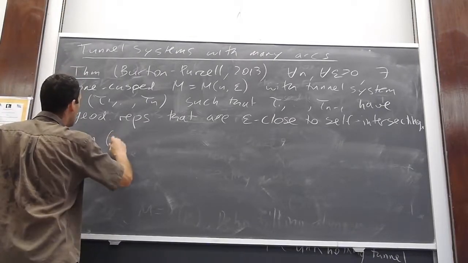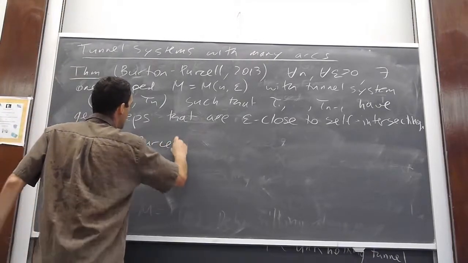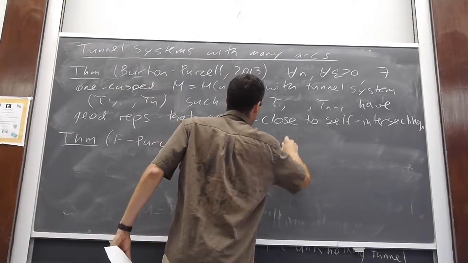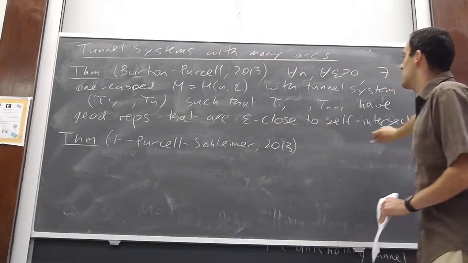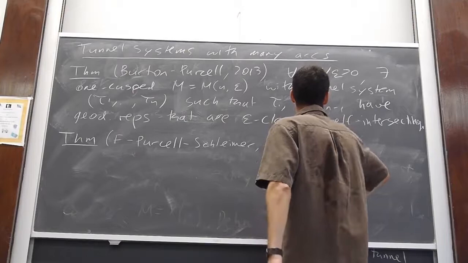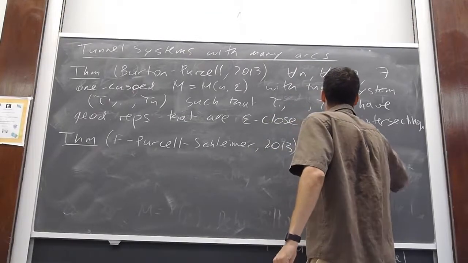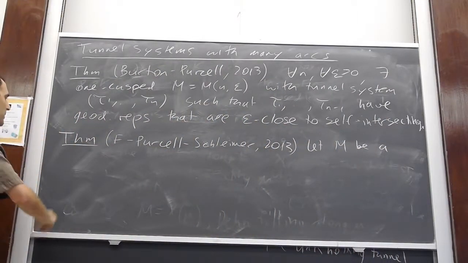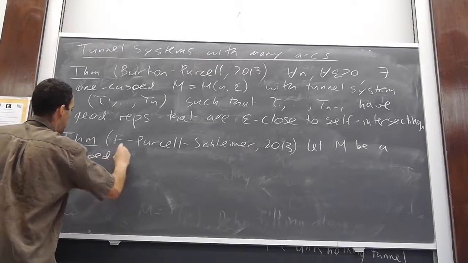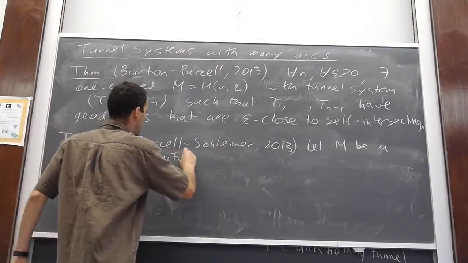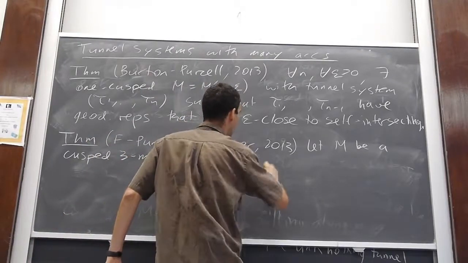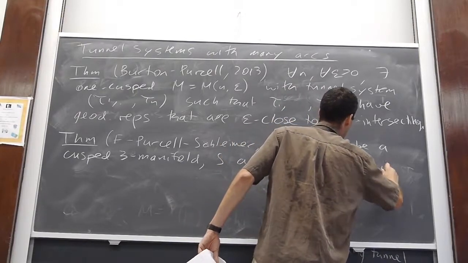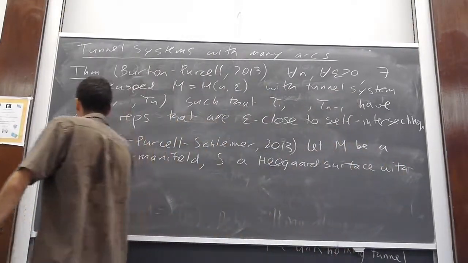And the second theorem is that they actually give you examples that are not geodesic. So let M be a cusped manifold, doesn't matter how many cusps, and S a Heegaard surface. You do want to handle that on one side.